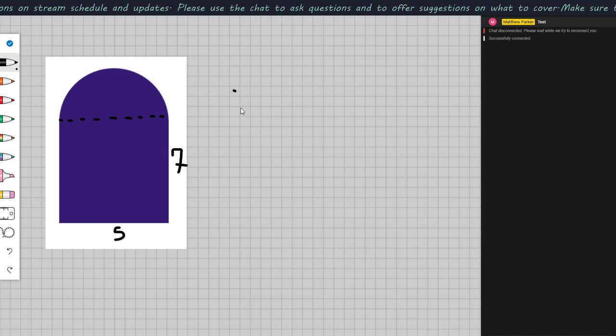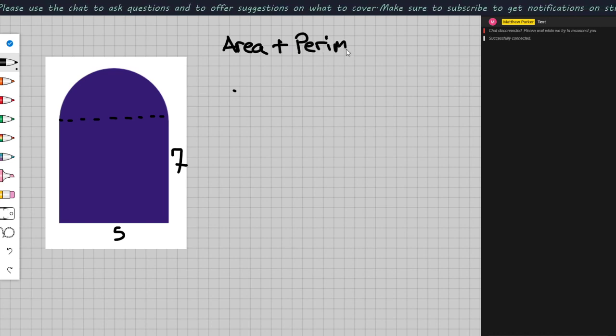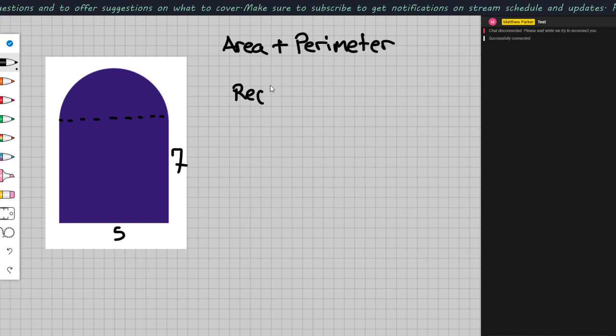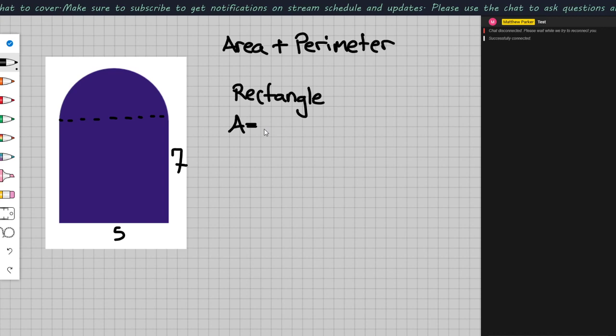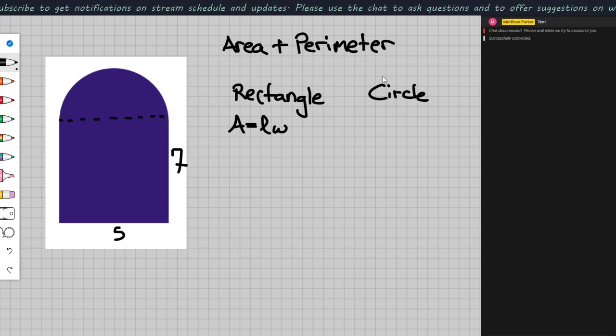So you have 2 shapes. I'm going to find area, and the 2 shapes that you have are a rectangle, so remember for the perimeter, I'm sorry, for the area, it's length times width, and then a circle, which is a semicircle.